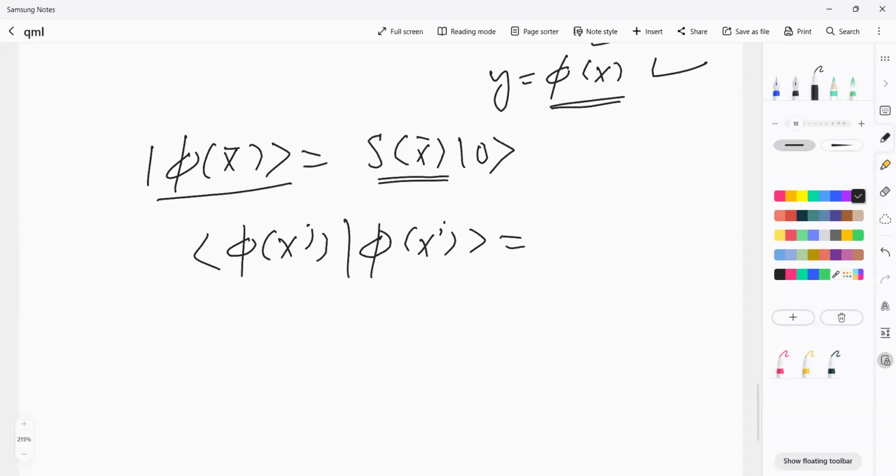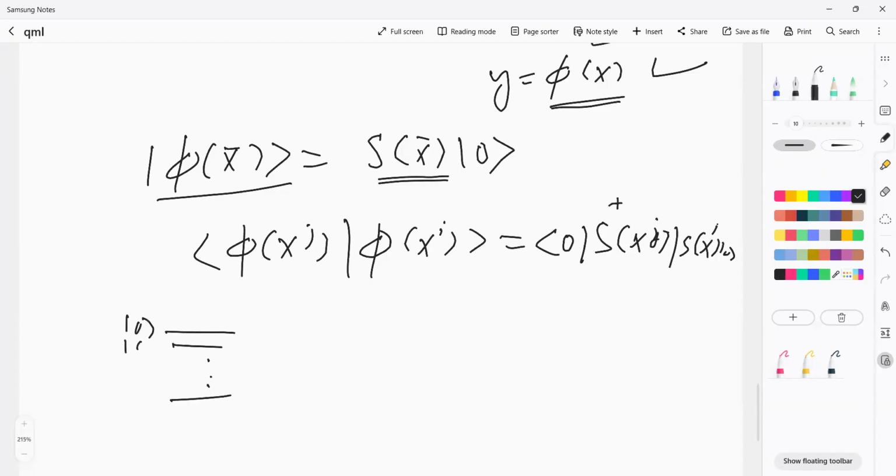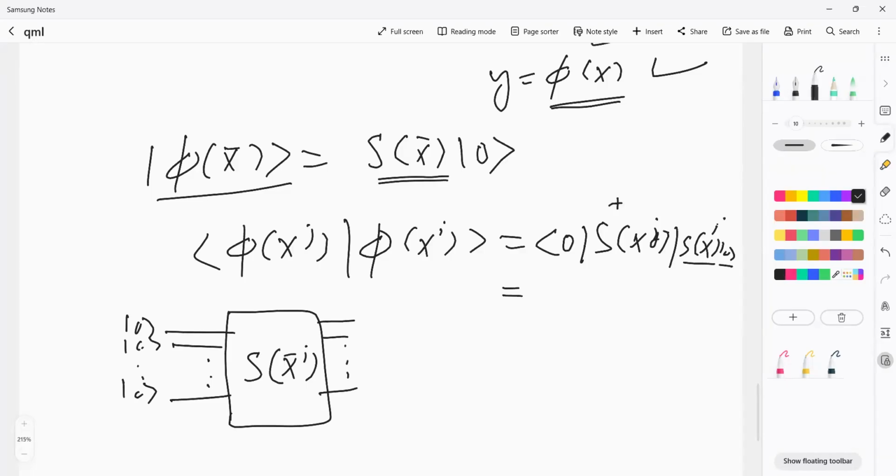So this is really easy to compute because this phi of xj is nothing but s dagger of xj, and on this side I have s of xi applied to the 0 state. So from the 0 state, let's say there is some encoding block, a unitary s that is encoding some ith data point, s of xi.